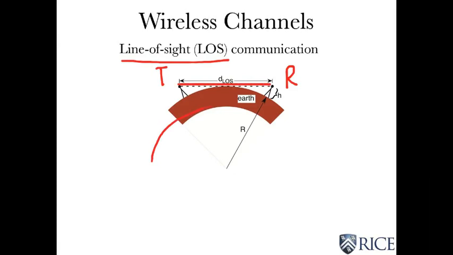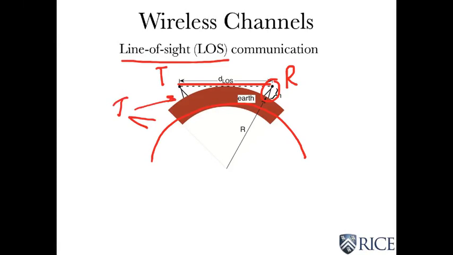Because of the curvature of the Earth, this doesn't go on forever. If you're over here somewhere, there is no line of sight path to this receiving antenna. In essence, you cannot send a signal directly from this transmitter over to the other one because the Earth gets in the way.